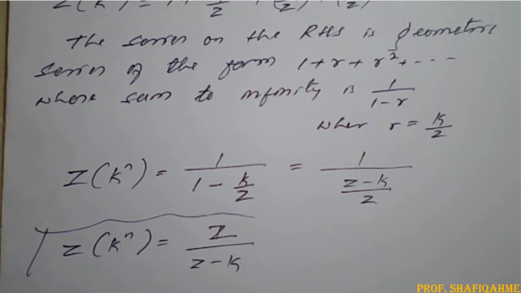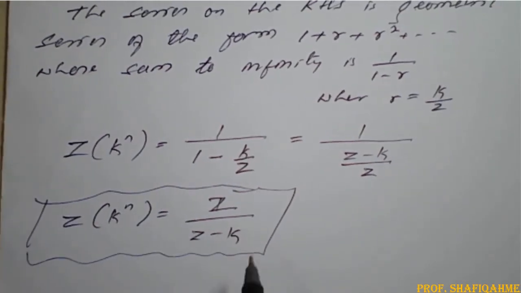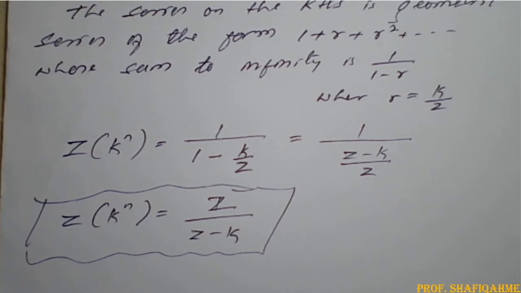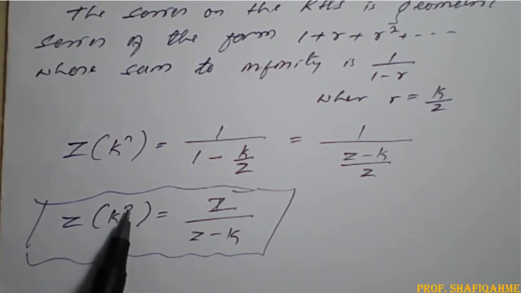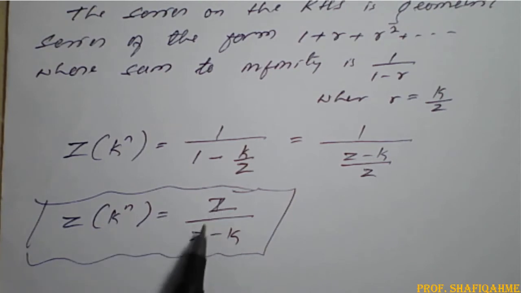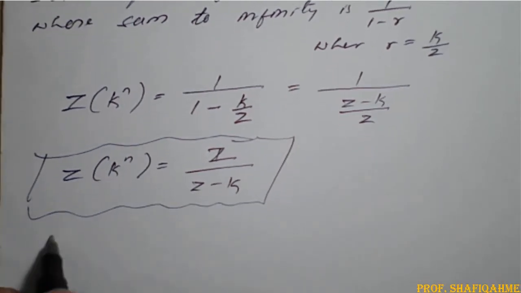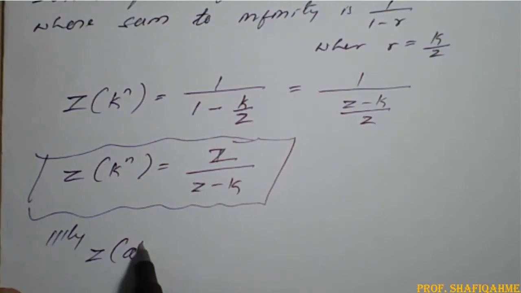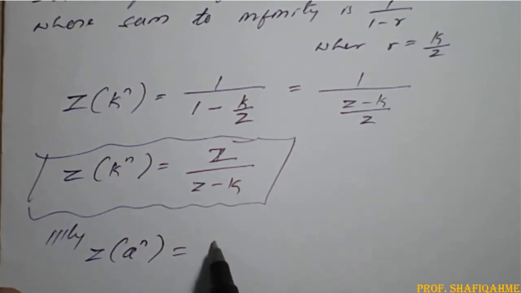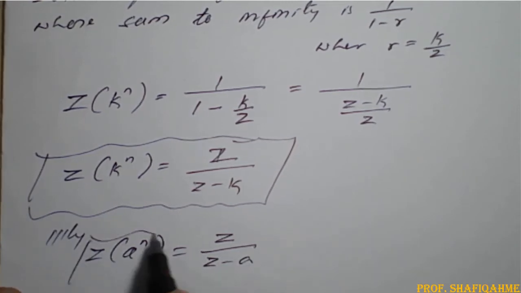So remember, this is one of the very important and standard results of Z transform. The Z transform of k raised to n is equal to z upon z minus k. Similarly, the Z transform of a raised to n, we can write as z divided by z minus a.